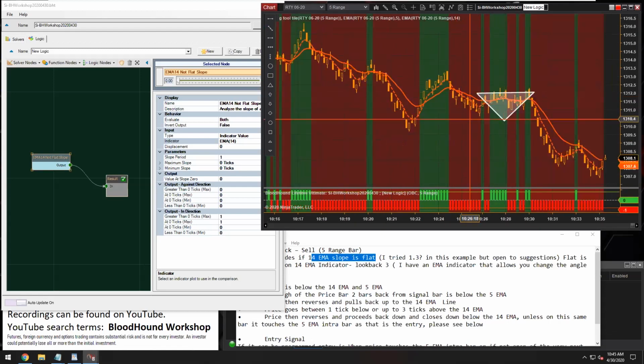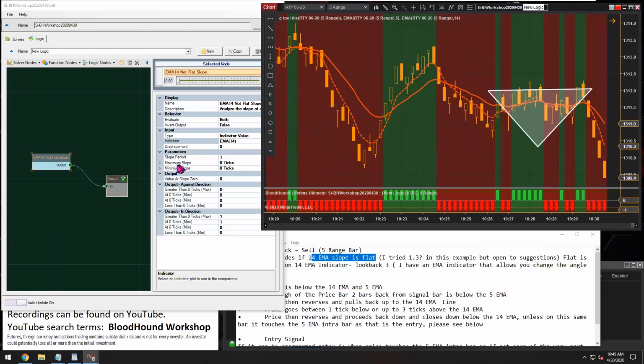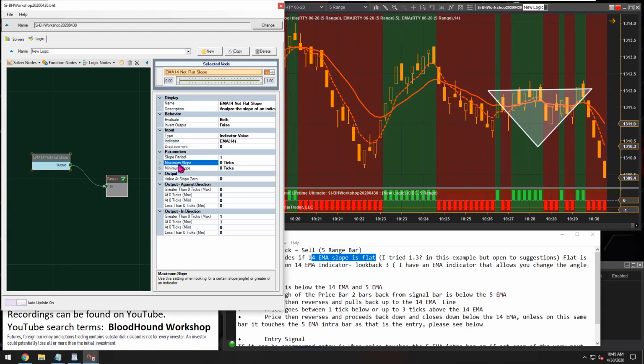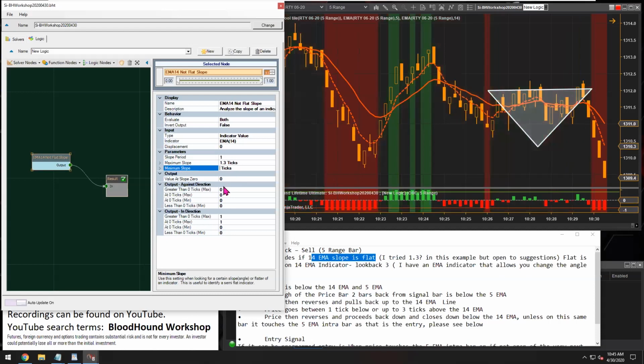All right, let's go back to our little triangle area. There we go. So basically we're just going to play around with the maximum and minimum slope here. So let's put in 1.3 and see what we get. There.